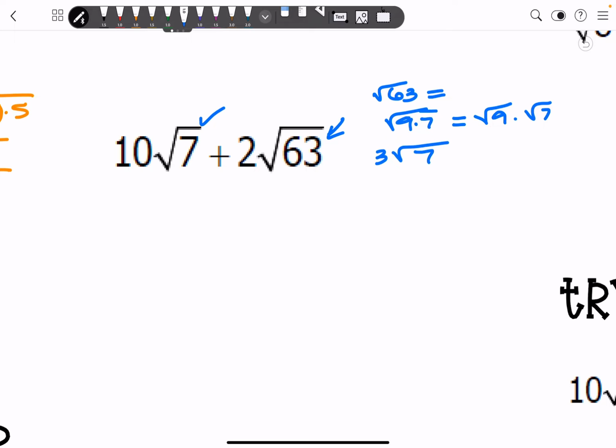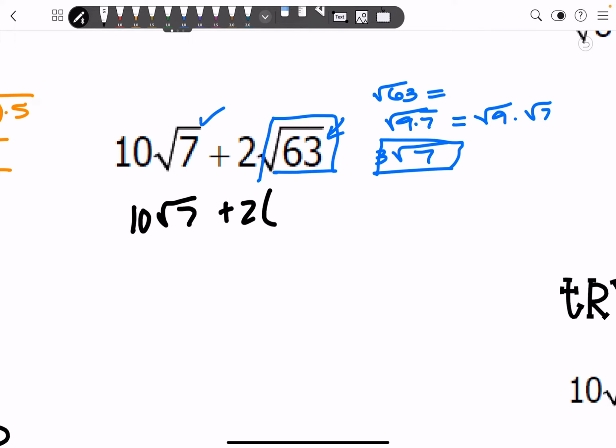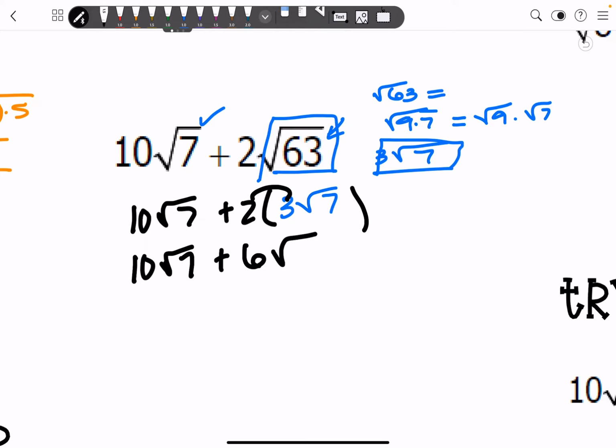All right. Stop. So this becomes 3 square root of 7 for the square root of 63. So we're going to rewrite everything we have, and we're going to plug that 3 square root of 7 in. And now, outside times outside, and inside times inside. So this becomes 6 square root of 7 now.